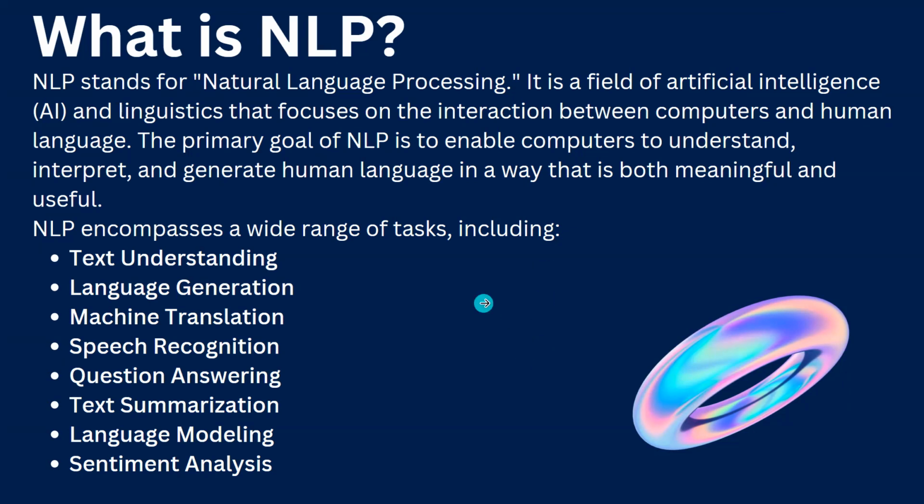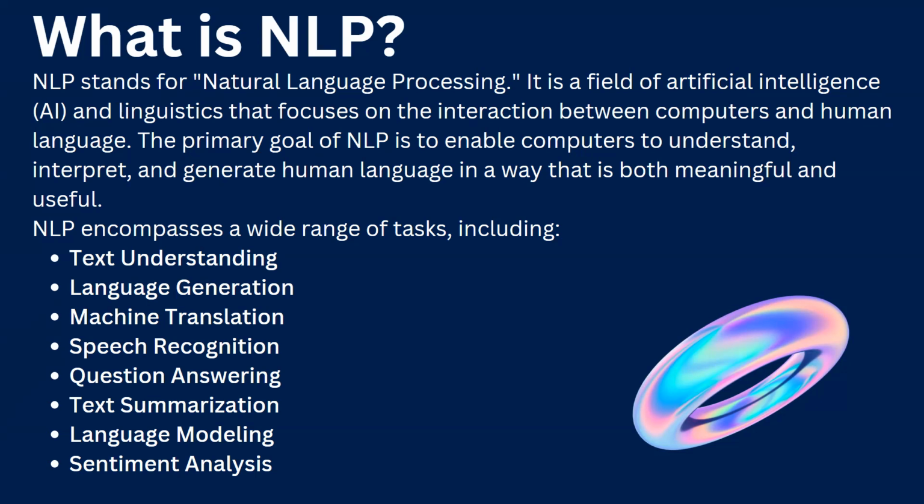Yeah, so what is NLP? NLP stands for Natural Language Processing. It is a field of artificial intelligence and linguistics that focuses on interaction between computers and human language. The primary goal of NLP is to enable computers to understand, interpret, and generate human language in a way that is both meaningful and useful.